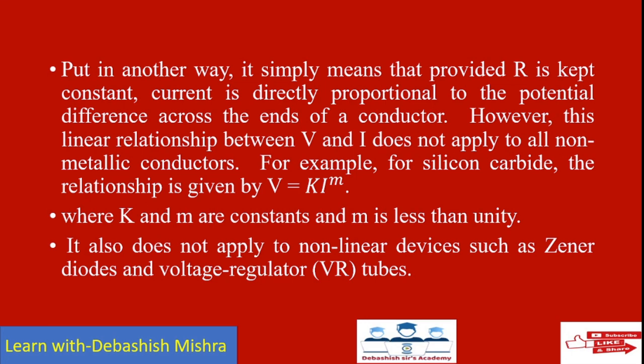However, this linear relationship between V and I does not apply to all non-metallic conductors. For example, for silicon carbide, the relationship is given by V is equal to K I to the power m, where K and m are constants and m is less than unity, meaning 1.